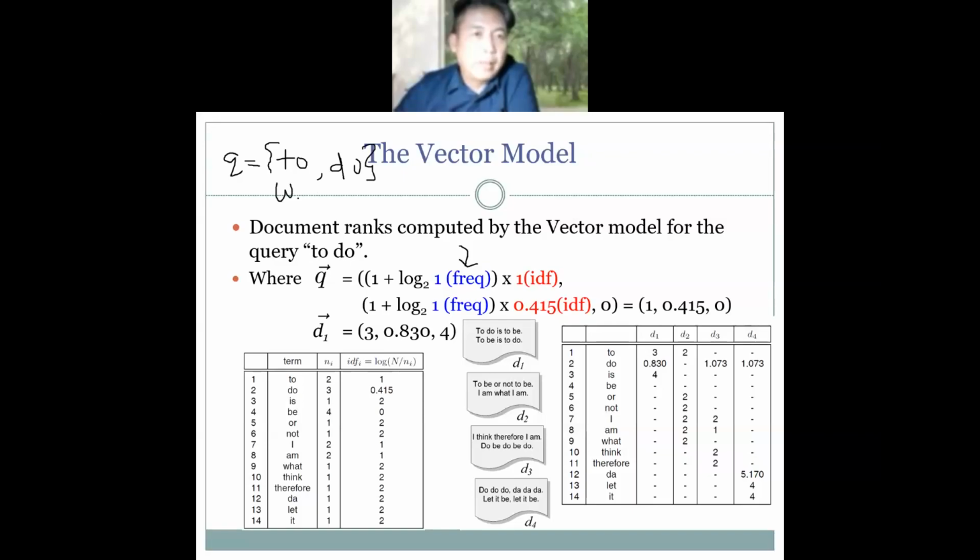So what we want to do is find the weightage of "to" in the query, and also the weightage of "do" in the query.